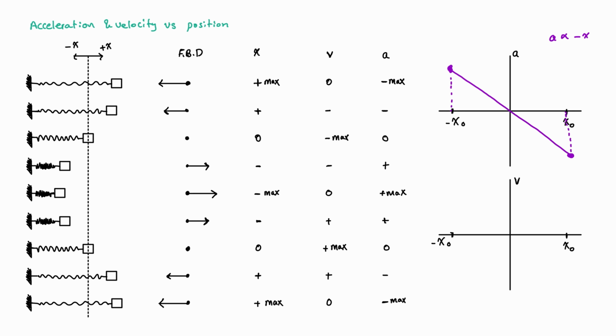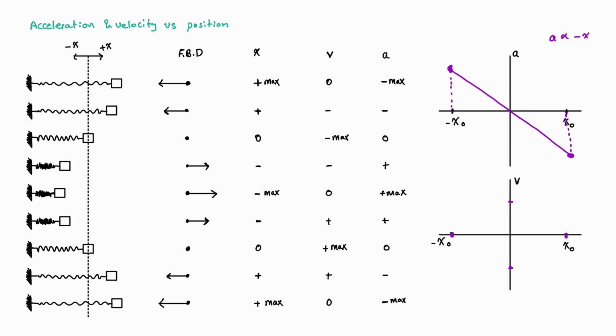In terms of velocity, whenever the position is at the maximum positions, velocities are 0. So I can put those in. Velocity is 0 here, velocity is 0 here. And whenever we are at the equilibrium position, we could have a velocity which is in the negative direction and very large, and we could have a velocity which is positive and very large. So I can put a point here and a point here.